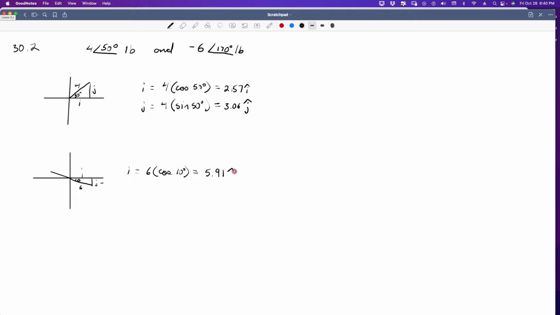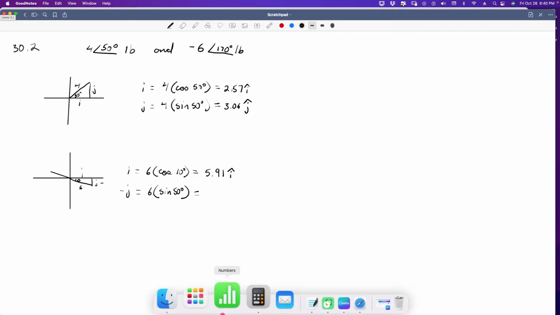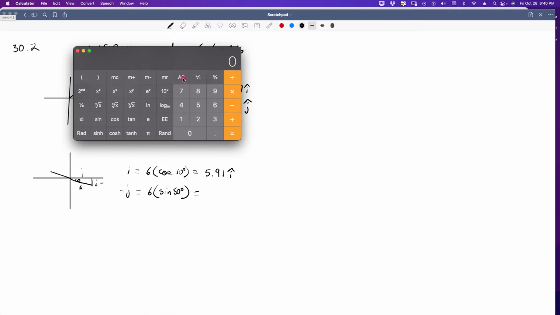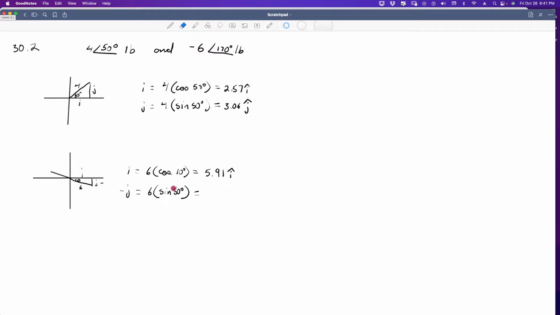And that is a positive I. For the J term, which is negative, we'll have 6 times the sine of 50 degrees. And that is going to be 50 sine times 6 equals 4.59. Oh, why did I write 50? I am losing my mind.